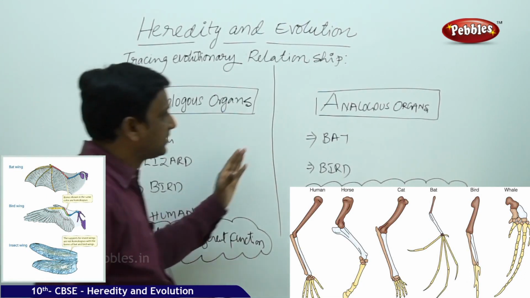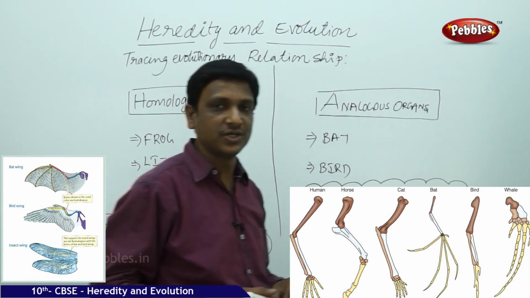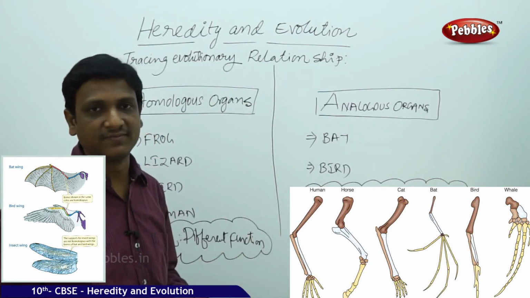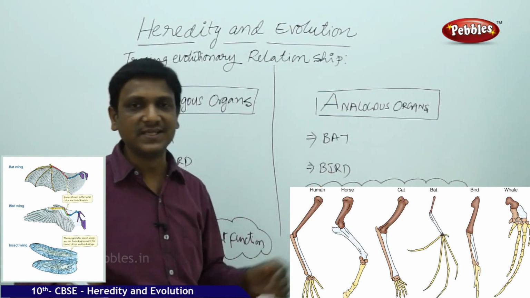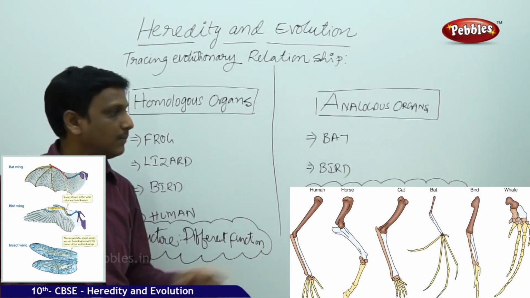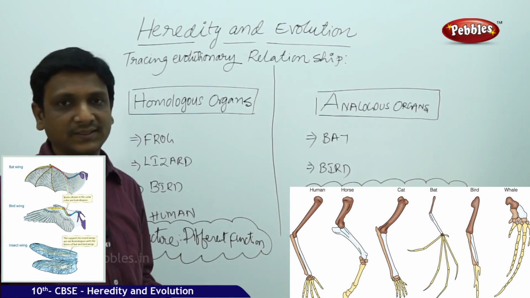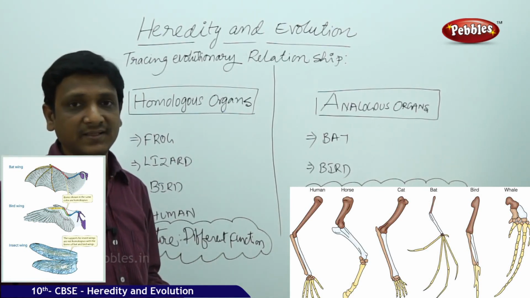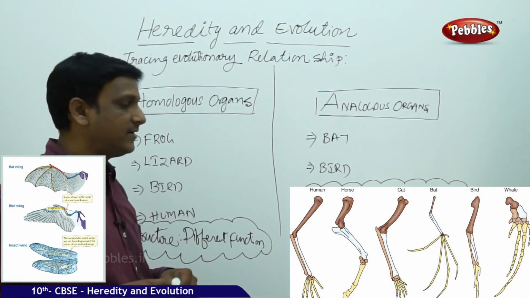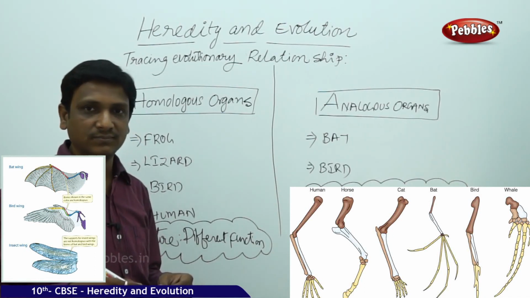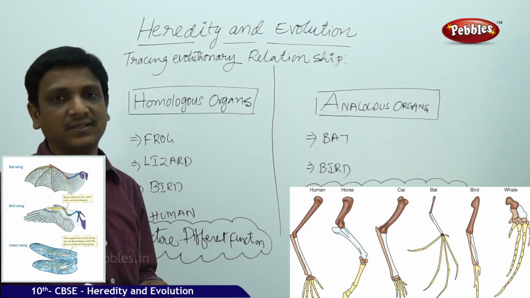In some cases, you see analogous organs, that means the function is the same, but the structure is different. If you see the wing of a bat and a bird, the function is the same. Bird uses its wing to fly, bat also uses its wing to fly. But internally, their structures are different. The bird has its wing mostly because of the feathers.